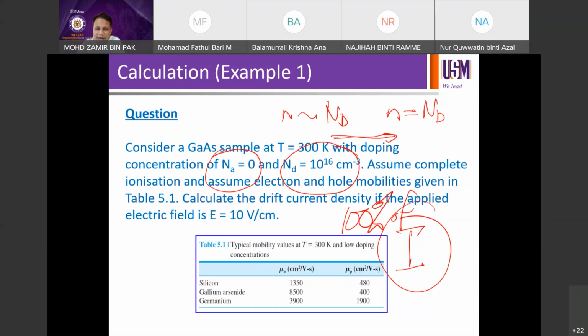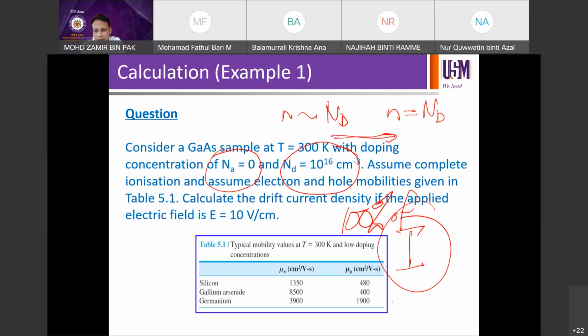What happens if only 90% is ionized? What do you get as your N? A bit difficult, but not that difficult. If you assume 90% ionized, what do you get as your N? We're not discussing the drift yet, just the previous concept. But on the drift question, I want to make sure that everyone is on the same page.